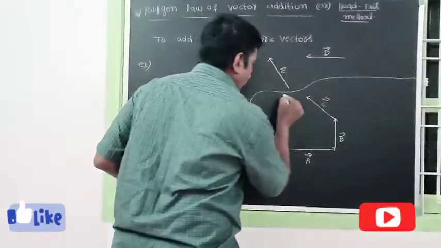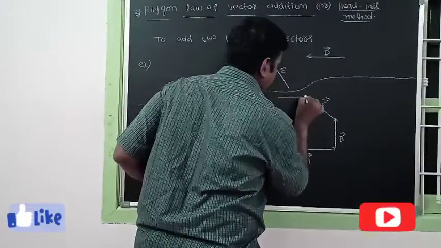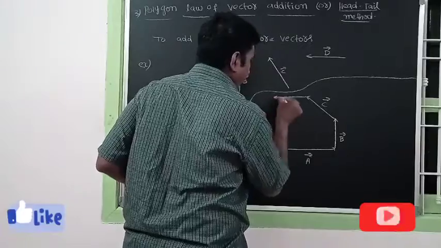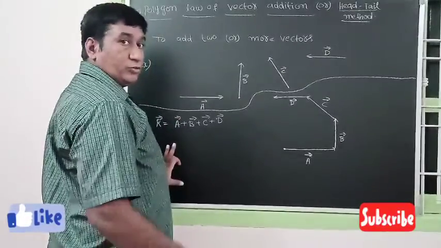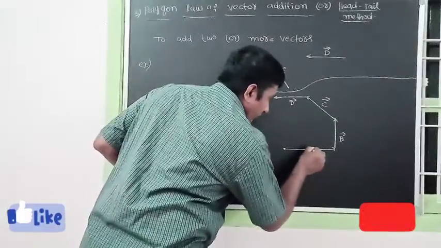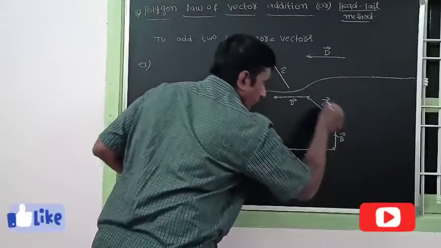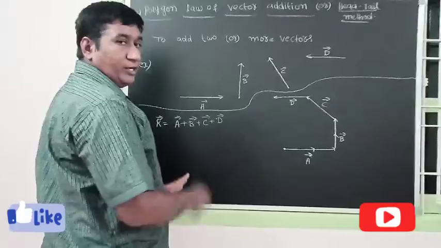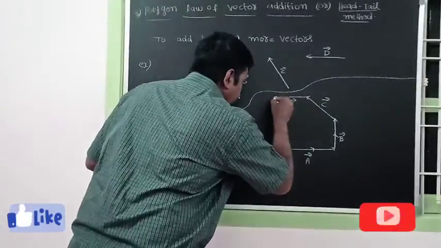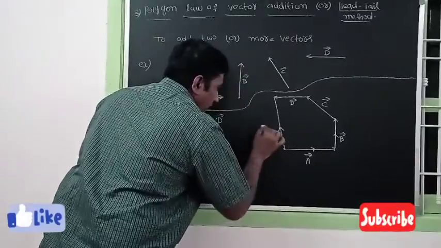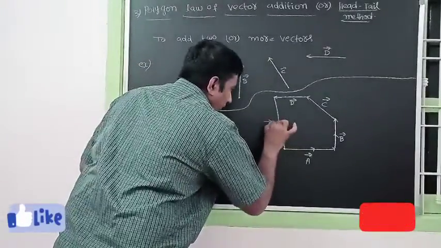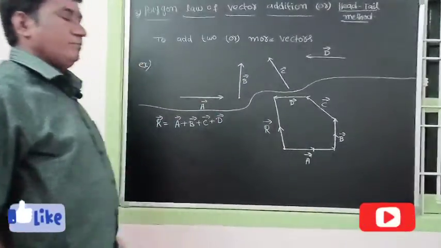Then the D vector. Then I should take this. You have observed, all are in the same order. The resultant should be taken in the opposite order. So by joining all these, I get here the resultant, which is nothing but the R vector.